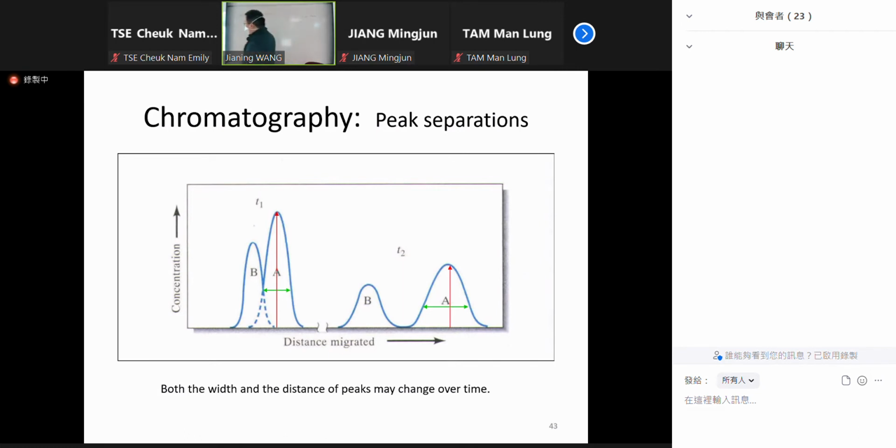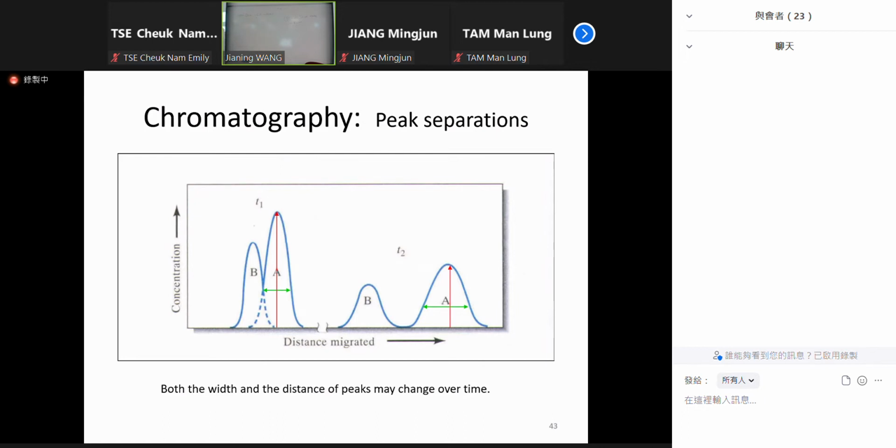Now we can treat a more complex case, because in this example we can see two situations. At time 1, we know there are two solutes and two peaks, but they are not separated very well.